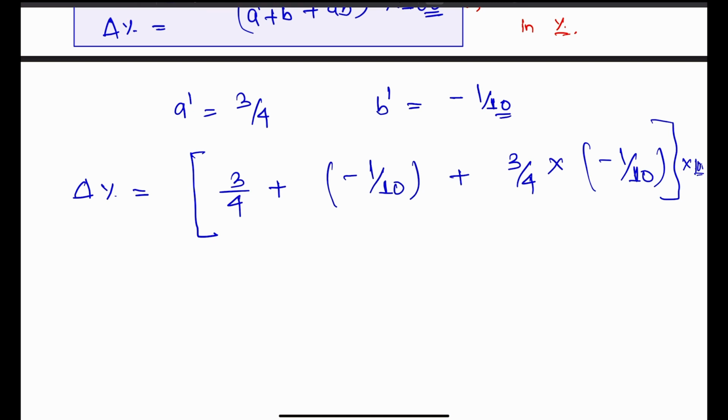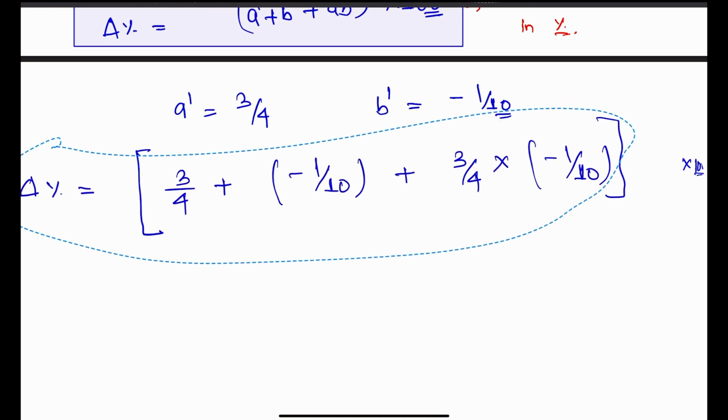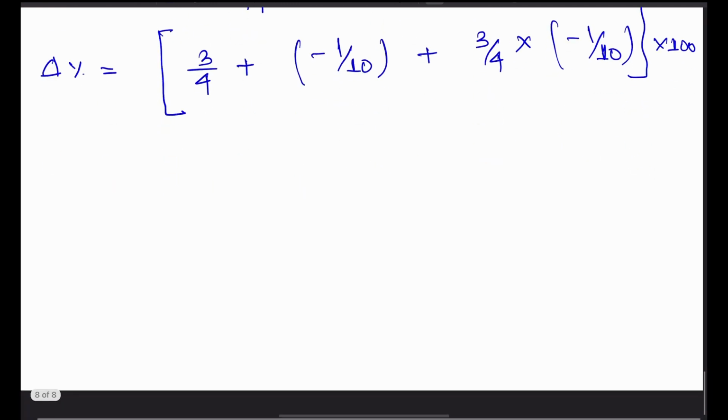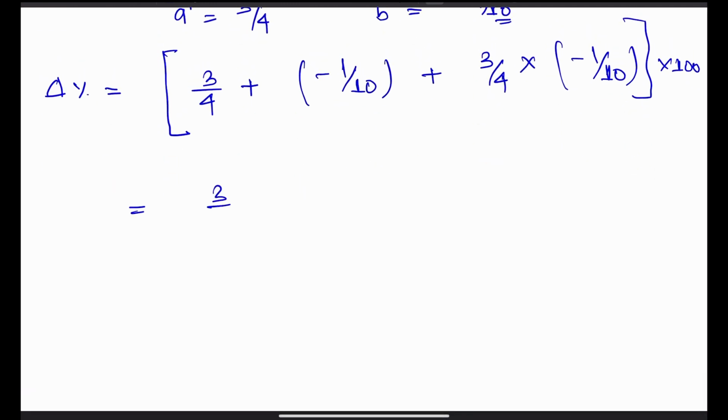Let me make some space. Into 100. If I try to find out the solution, how much will it be? 3 by 4 minus 1 by 10, and then eventually this will become minus 3 by 40, all multiplied by 100.